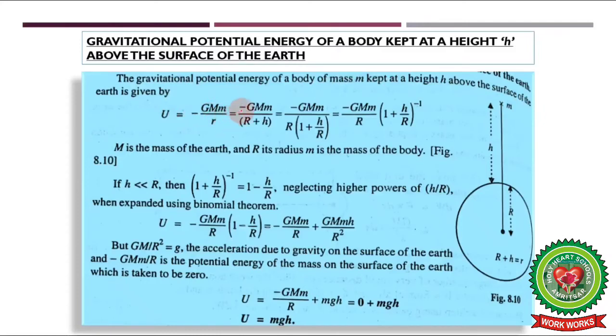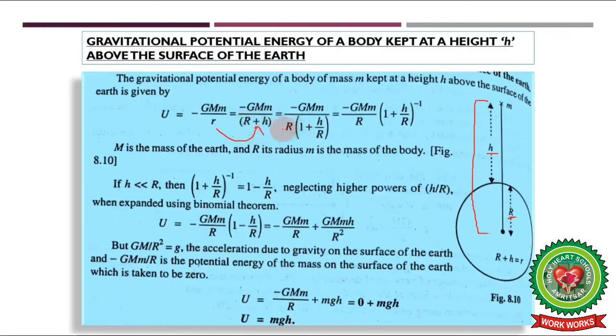This is the general formula, which is equal to minus GMm divided by r, where r is the distance from the center to the mass. But actually it is equal to R plus the height, so we can write r is equal to R plus h.